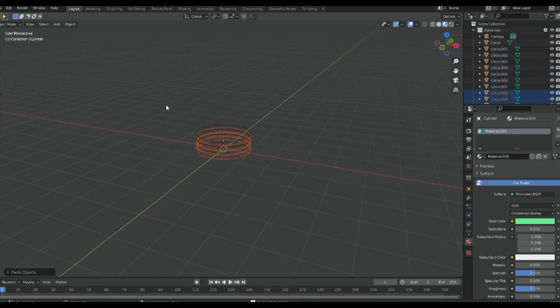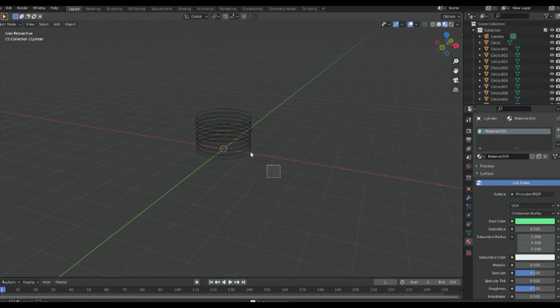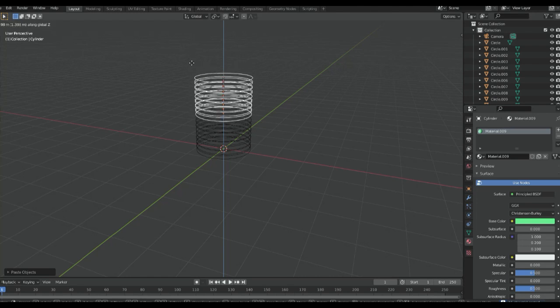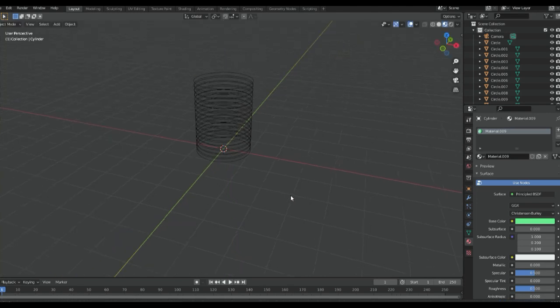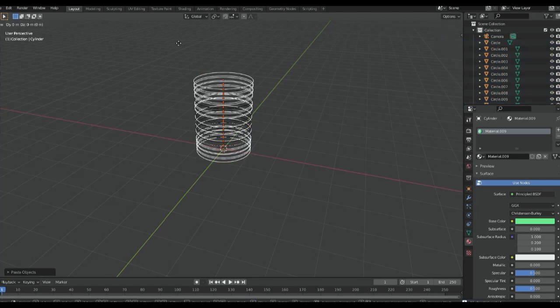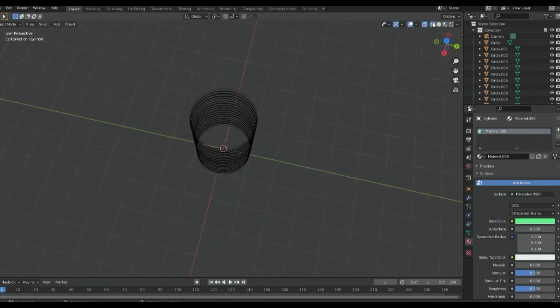Right, it's kind of getting obvious now. Right, how does it look? It looks like a cylinder, is it not? Right, it looks almost like a cylinder.